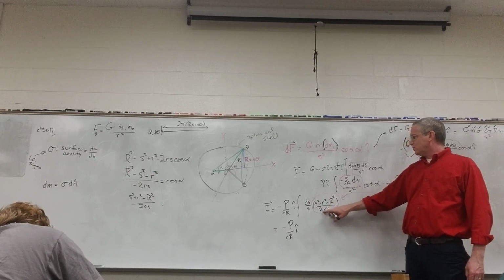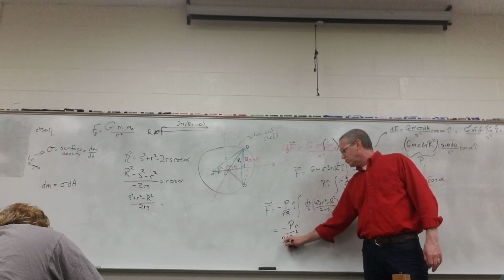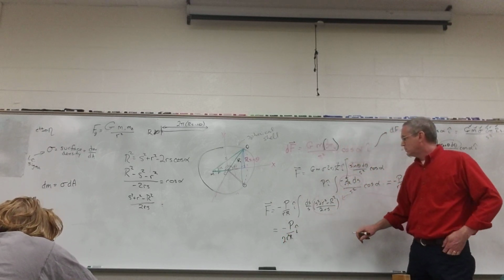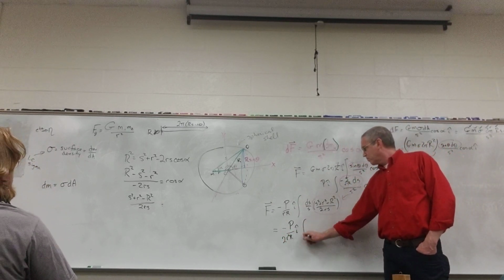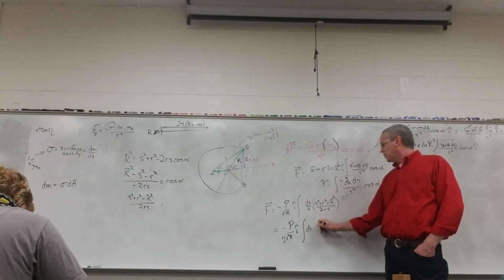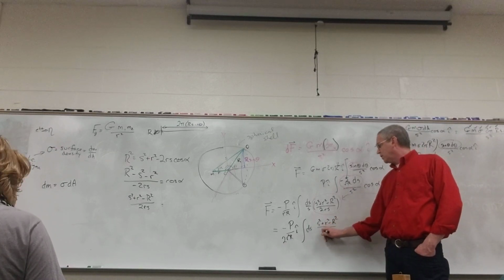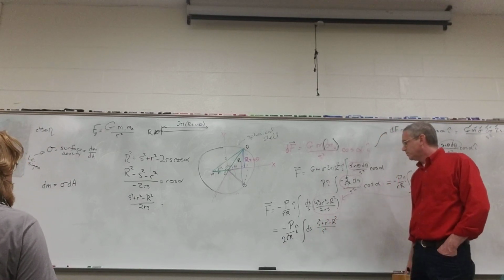All right, so this 2r here, this 2 little r, we can actually bring that out front to make this a 2r squared out here. And we're left with ds times s squared plus r squared minus big R squared over s squared.